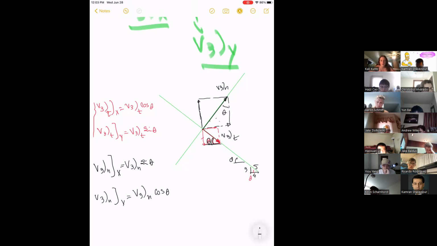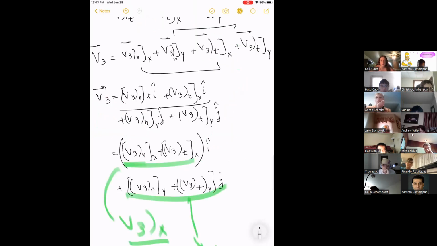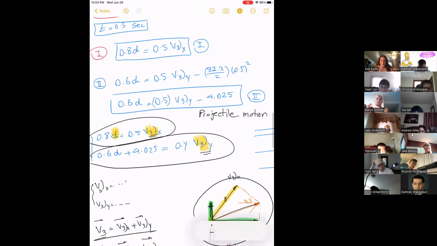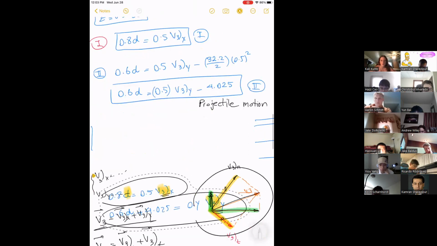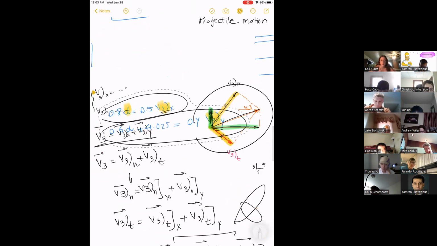Okay. I'm going to bring back these two equations and move them all the way back.